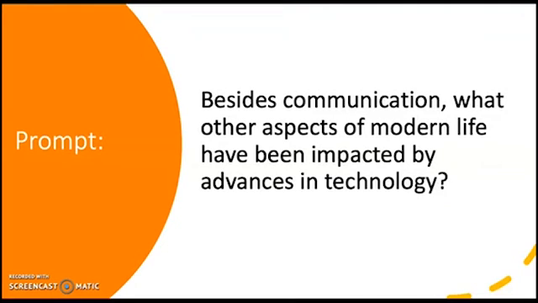Not just communication, which we read about in our text, but think about other ways life has been changed by technology. Here's a hint. Think back to when you studied early America in social studies. How has life changed from those original colonists to today? How has technology helped that change?